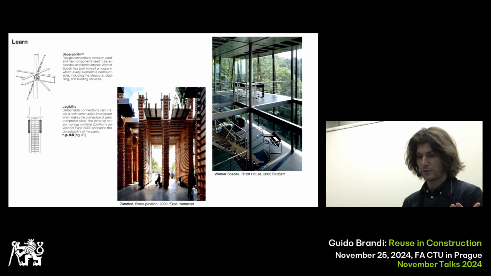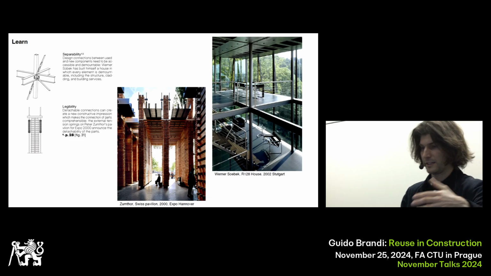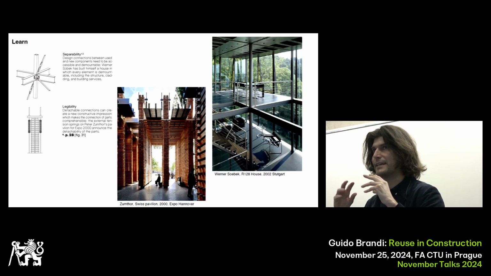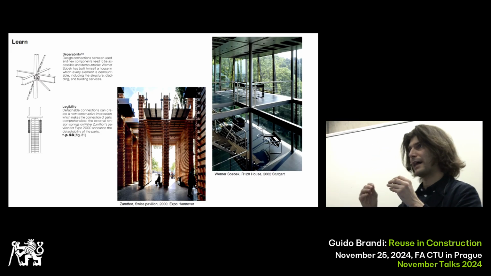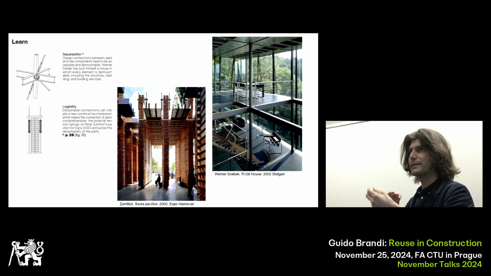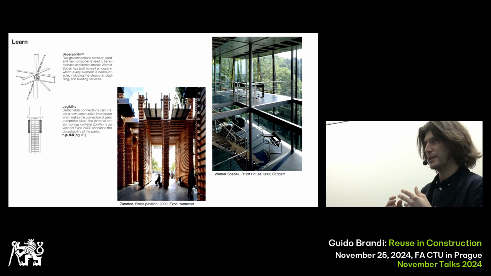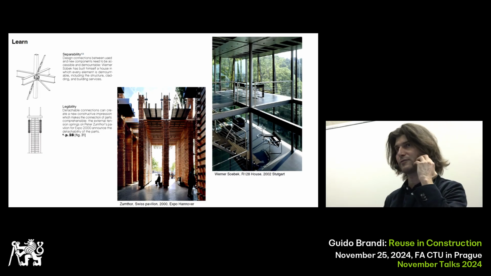But of course there are also other things like separability and legibility. So this idea to work with light materials and to assemble them in a way you can in the future disassemble them. So this concept also of design for disassembly.